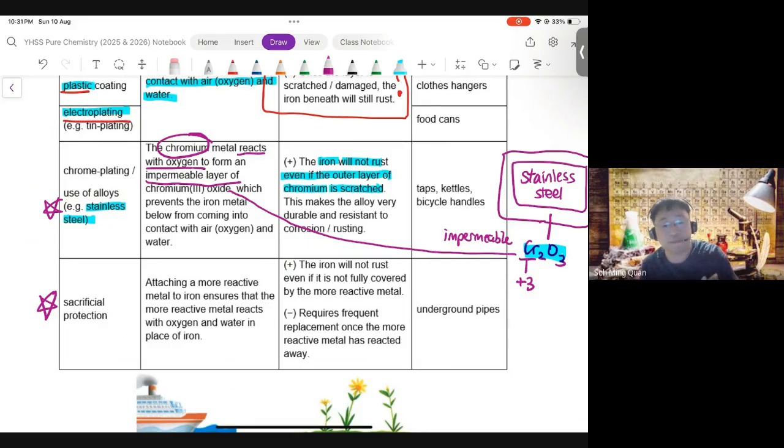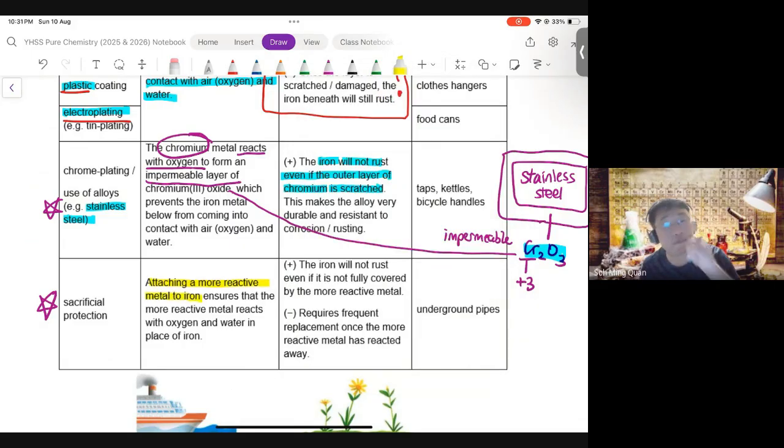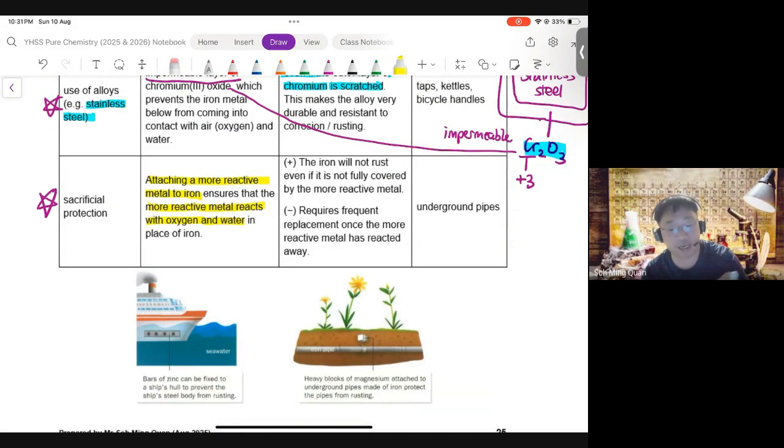So the idea is in sacrificial protection, I attach a more reactive metal to iron so that the more reactive metal will react with oxygen and water instead of iron. So for instance, I can attach magnesium metal to iron. If I attach magnesium metal to iron, let's say I put Mg.